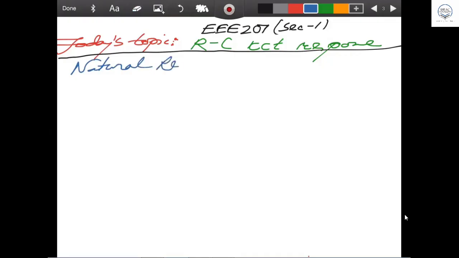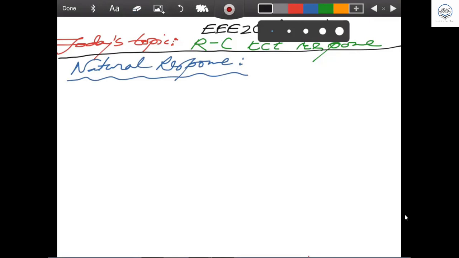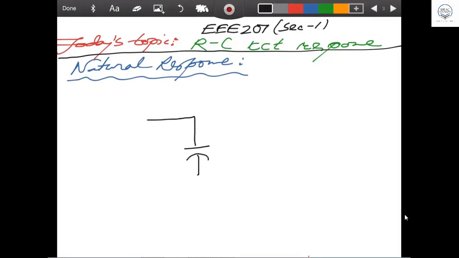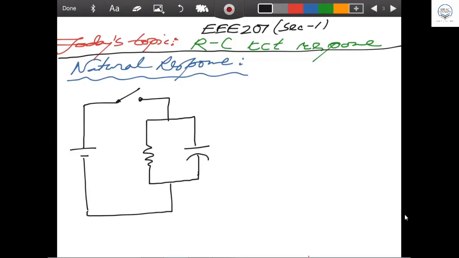It is the same way as what we did last time: there was a capacitor here and a resistor here, and for example the resistor is going to be connected to a source like this, and this is your R, and this is your C.